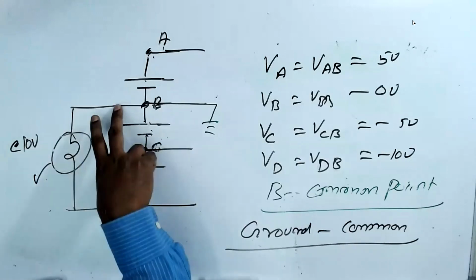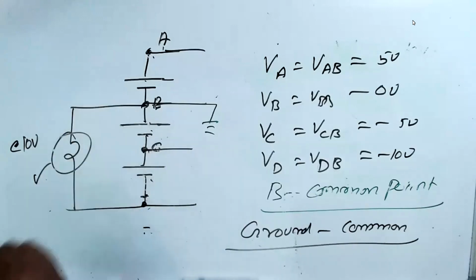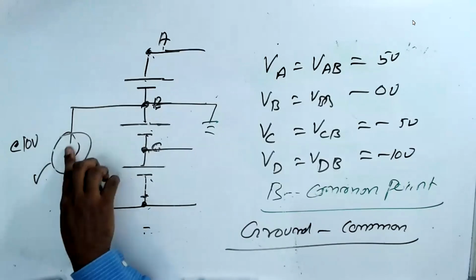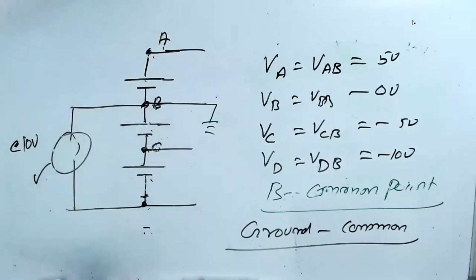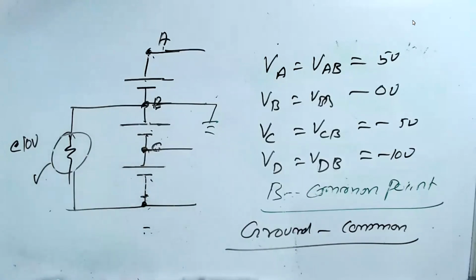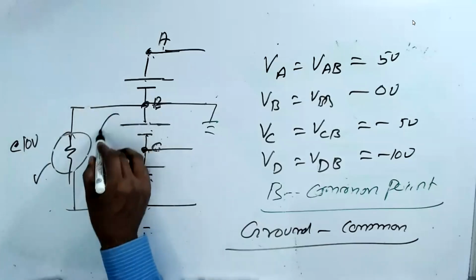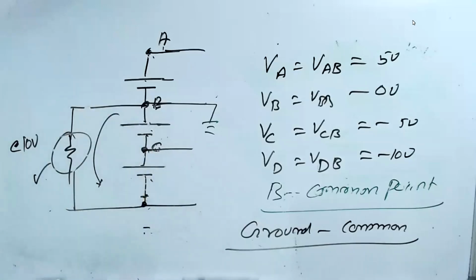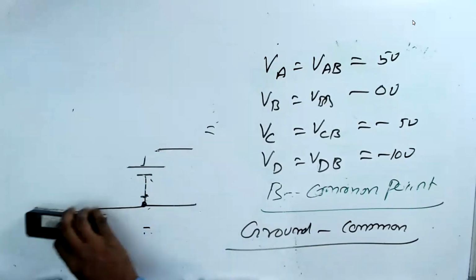It's a resistor. A resistor doesn't have any polarity. The current can flow this way or this way, it doesn't matter. The bulb will glow. You give a potential, but the current will flow from here to here. That potential difference is the same. Only thing is how we represent this.